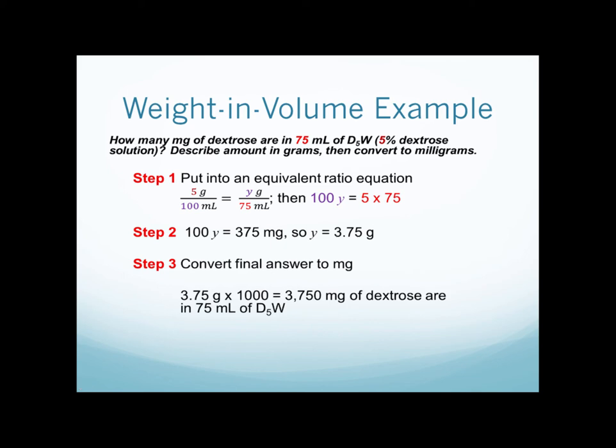How many grams in 75 mLs? So I'm going to cross multiply: 5 times 75 divided by 100. So x equals 3.75 grams of dextrose. So there's my grams, but then it also asked me to convert to milligrams. So 3.75 grams is equal to 3,750 milligrams of dextrose in 75 mLs of D5W.